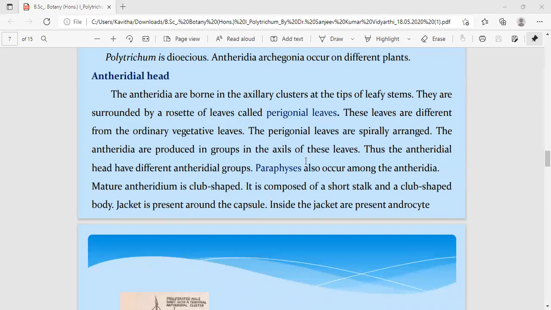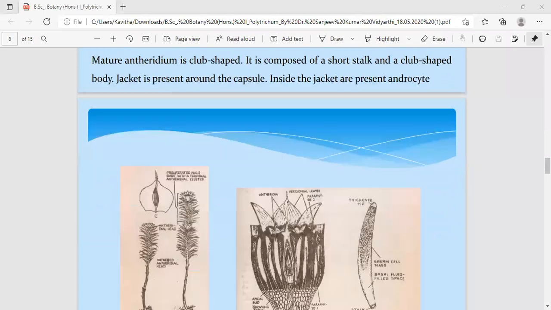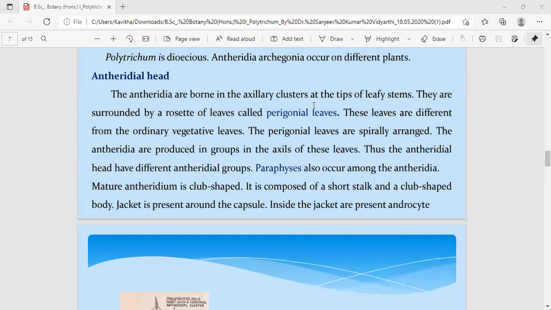The tip of the male plant is called the antheridial head. You can see here, in between the leaves, the development of the male sexual organs called antheridia.